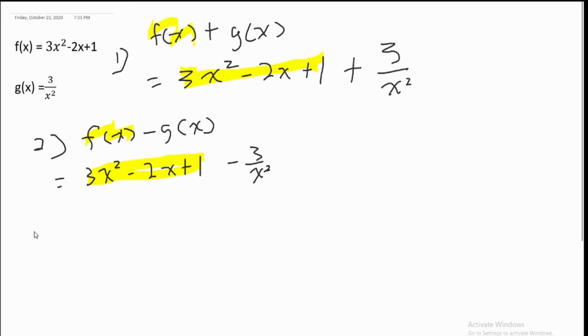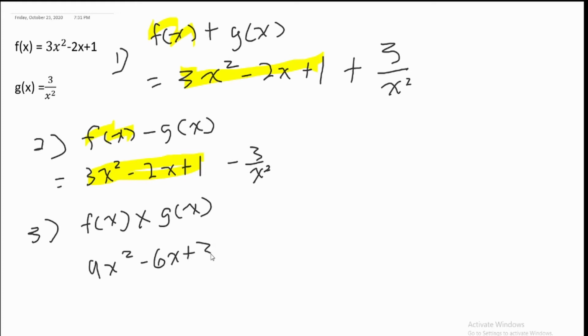So third, we're going to do multiplication. Multiplication, once again, I don't believe you'll have any problems with, so I'll just do it normally. So we multiply 3 towards everything up there, so we get 9x squared minus 6x plus 3, all divided by x squared.